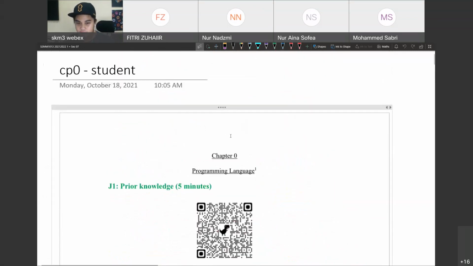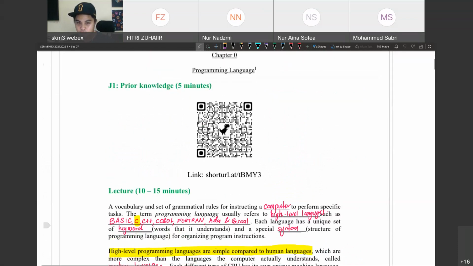Just a recap for the last class, we have done our activity on the application of programming you have learned before, related to many aspects of life. For example, aerospace, automotive, industrial revolution all require programming.